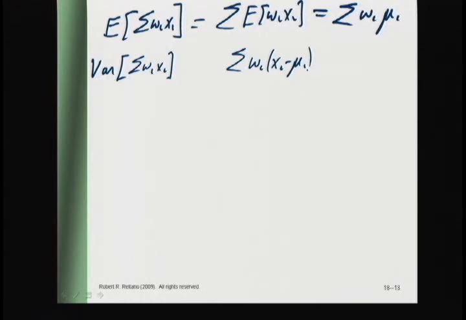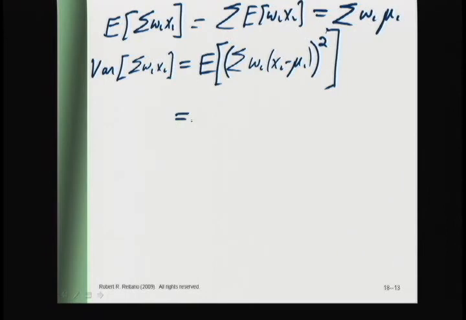Then I need to square it and take the expectation. That's the definition of variance: take the random variable, subtract the mean, square it, do an expectation. The trick of this calculation, of course, is to know what I get when I square a linear combination of terms.